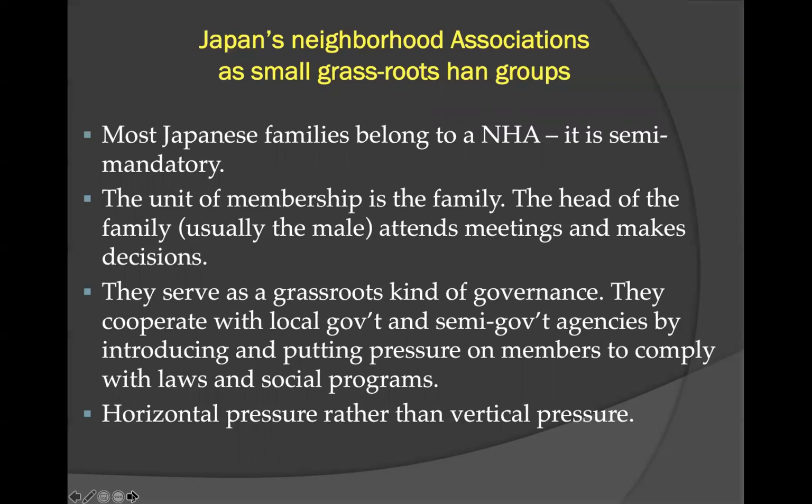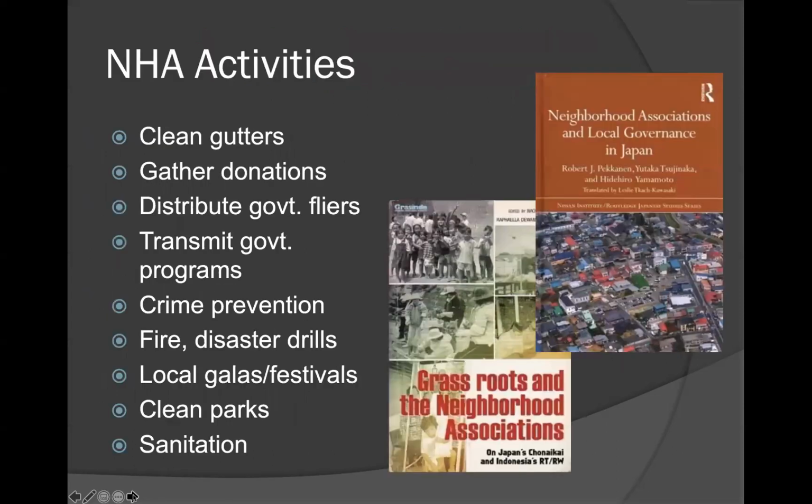Basically what they do is they cooperate with local government and semi-government agencies by introducing and putting pressure on members to comply with laws and social programs. So here again, we see that there is horizontal or lateral pressure versus vertical pressure.